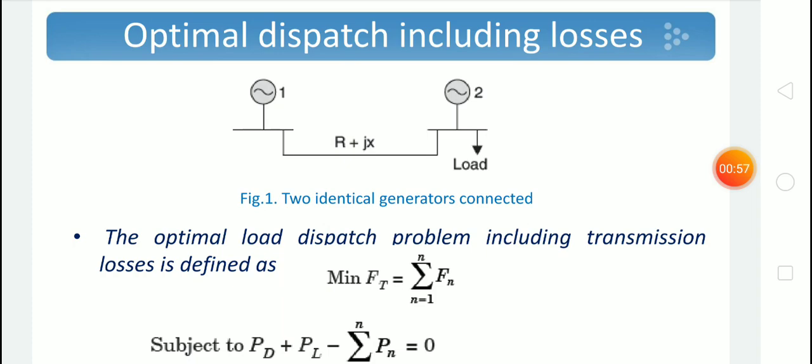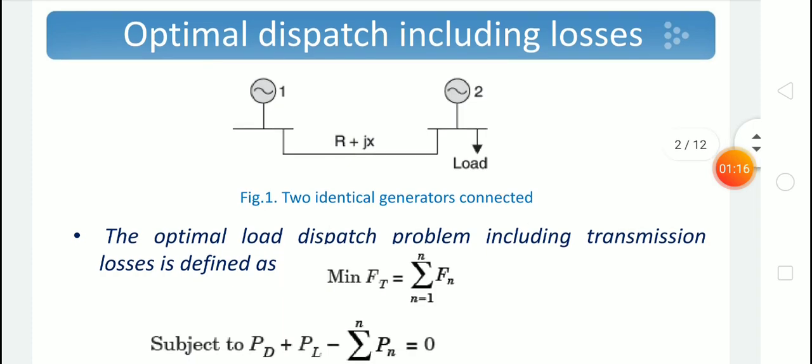So it will be efficient if generator 2 supplies more power to the load. When generator 1 supplies power to the load, there will be transmission loss also. So considering this case, we have to include transmission losses in the economic load dispatch problem.